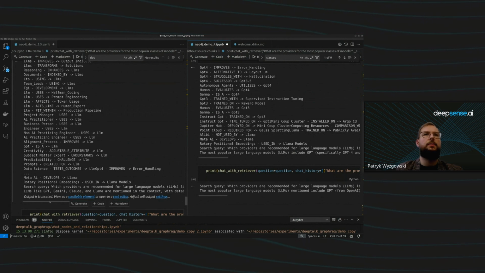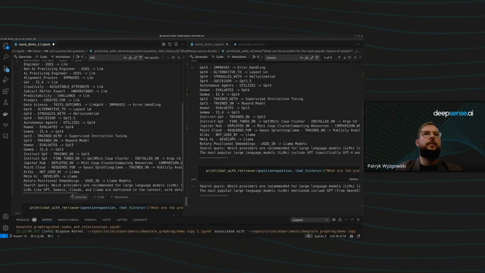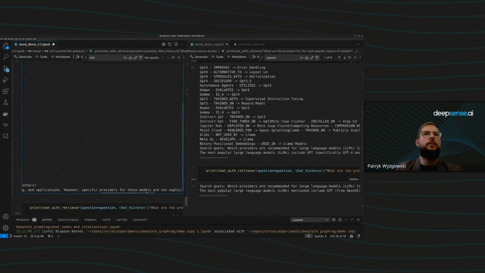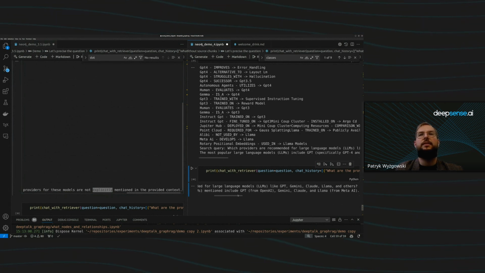particular language models. But unfortunately, the smaller model, let me modify it. The smaller model mean that the models are not explicitly mentioned in the provided context. The larger one just did well in the task and matched the proper providers for the models, which is good.